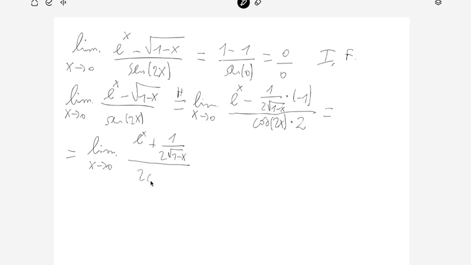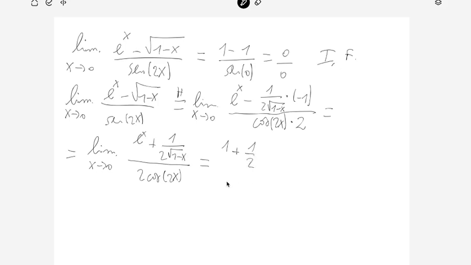And here 2 cosine of 2x. Okay, now we try to substitute. Maybe the indeterminate form disappears now. E to 0 is 1, plus the square root of 1 minus x is 1. So 1 plus 1 over 2.